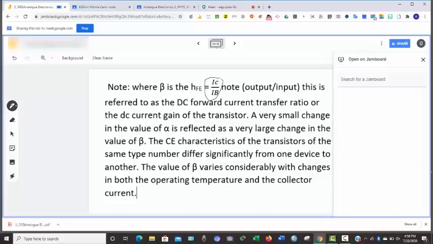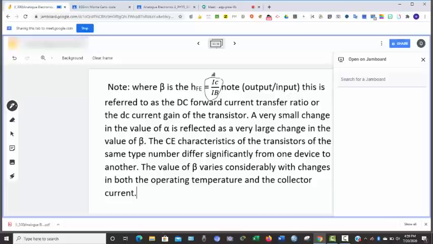And you will always see this in the data sheet of any transistor. This is referred to as the DC forward current transfer ratio, or the DC current gain of the transistor. That is, when the transistor is working, or it is forward biased, or it is delivering current, the gain.